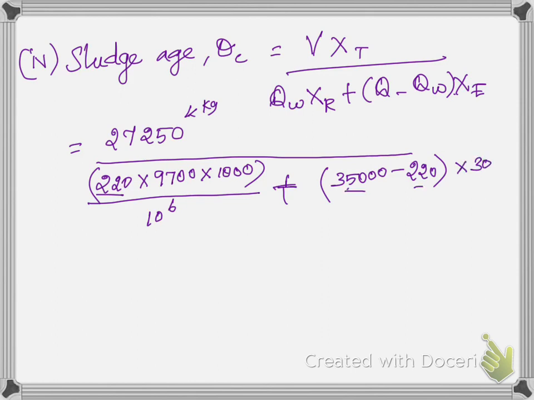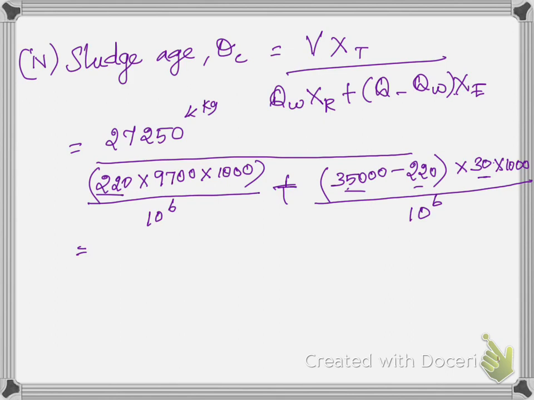Again, this unit is in meter cube and this is in milligram, so I am converting this into liters, into 1000, and the whole answer I will get in milligram, and I am converting it into kilogram with 10 power 6. As simple as that.